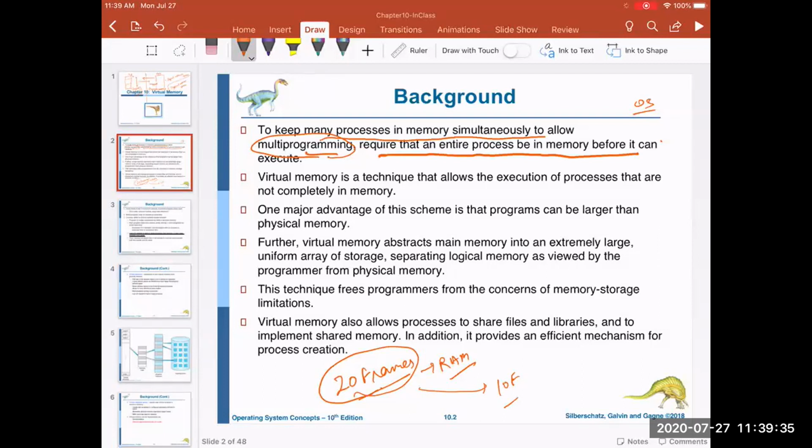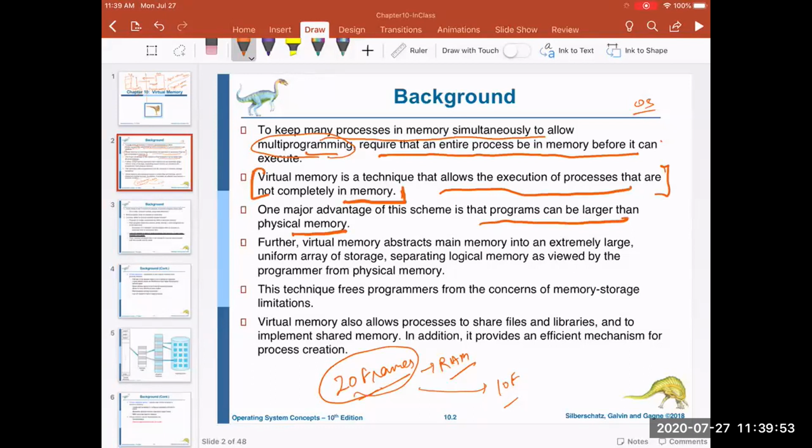So virtual memory is the technique that allows the execution of processes that are not completely inside memory. This is the core concept. What is virtual memory? One of the major advantages of this scheme is that programs can be larger than the physical memory.